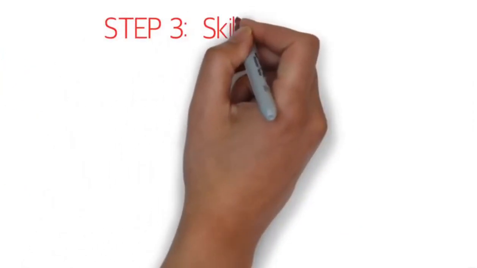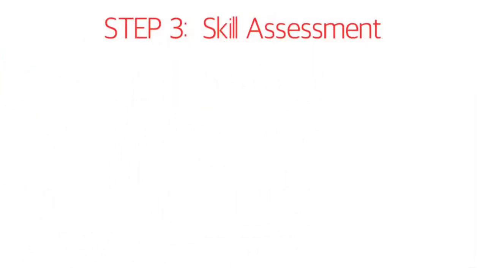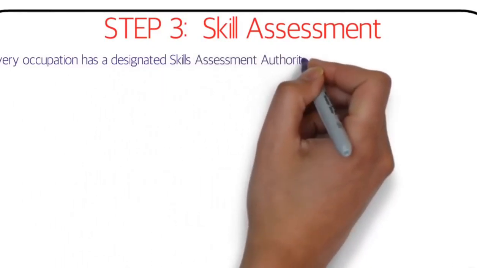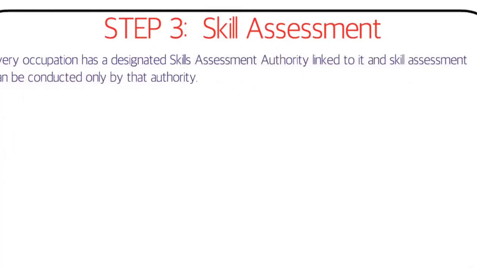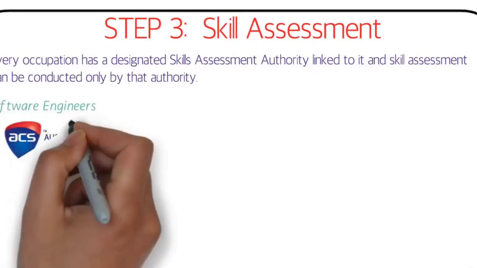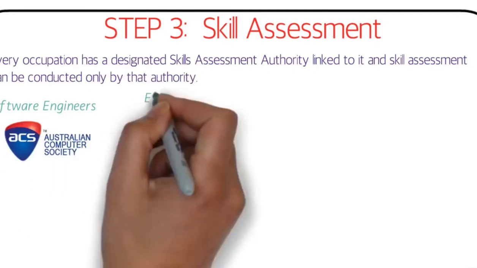Okay, now step 3, skill assessment. This is very important and very crucial, so please pay attention now. Every occupation has a designated skill assessment authority linked to it, and skill assessment can be conducted only by that authority. Now let me just show you which authorities are there. For software engineers, there would be Australian Computer Society, which is ACS.